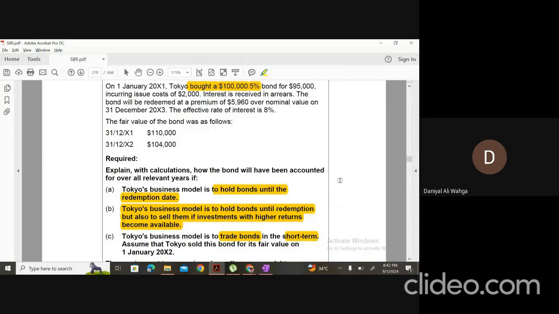So we will measure them at fair value, but any change in the fair value will be charged to the statement of profit and loss or the income statement. So take a minute and read the question again, everybody.